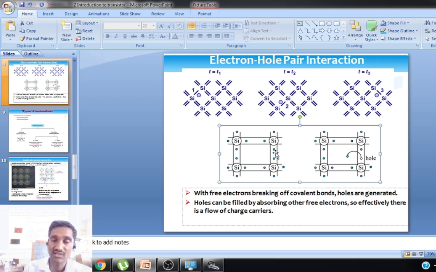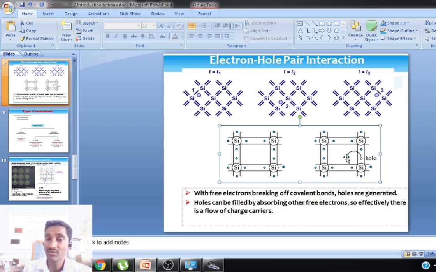These 2 electrons are shared by the 2 silicon atoms and form a covalent bond. But if one electron leaves this pair, there is a creation of a hole. That is the hole, and here is an extra electron. This is the creation of an electron-hole pair.